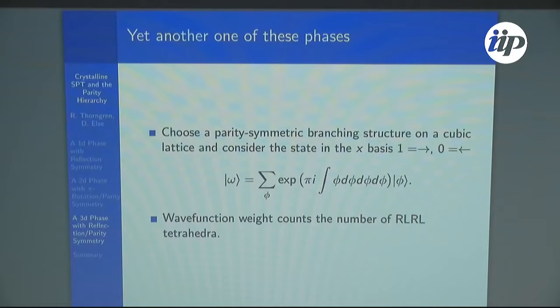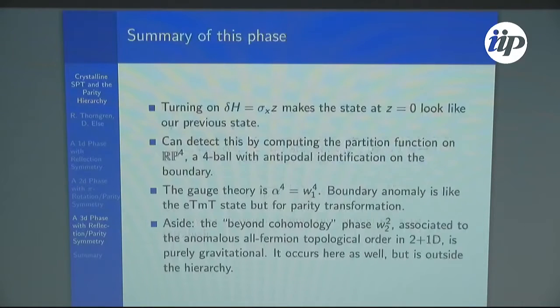Okay, and then there's a 3D phase, you do phi d phi d phi d phi. And this one, the wave function is counting the number of right and left tetrahedra. It's just like before. There's a way to get the previous state by turning on a symmetric magnetic field. You can detect the non-triviality by computing on RP4, which is now unorientable. This is an orientation reversing symmetry.